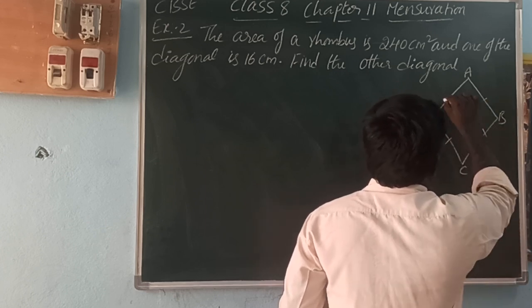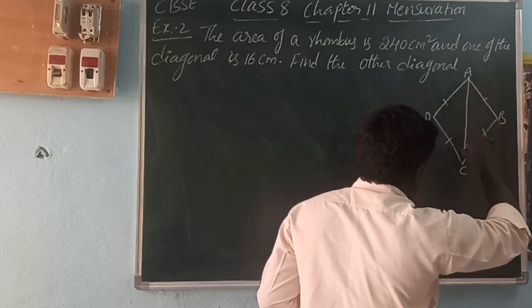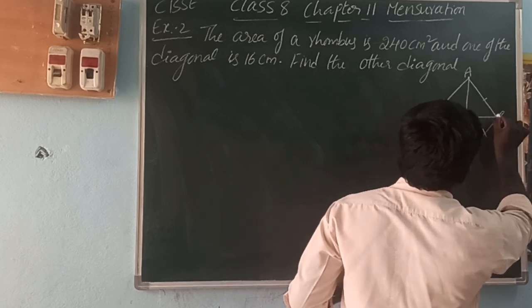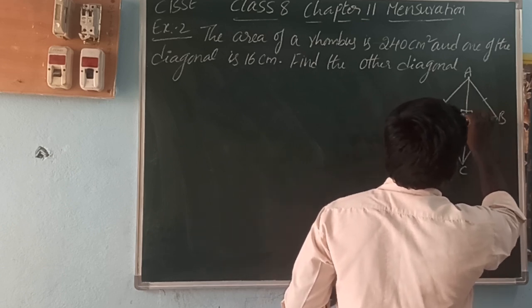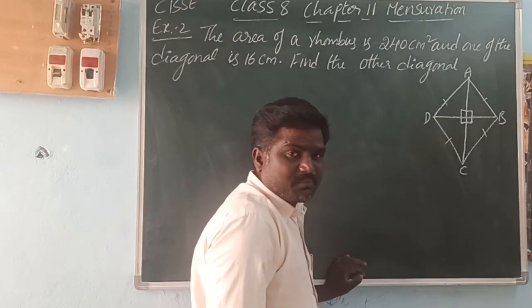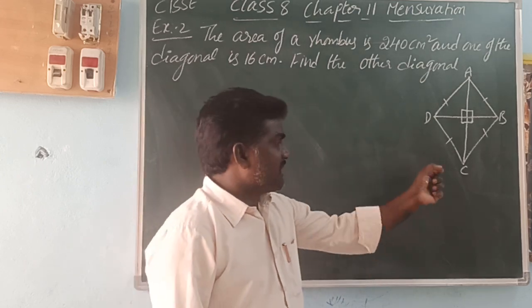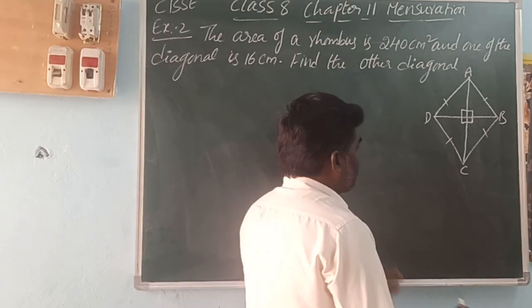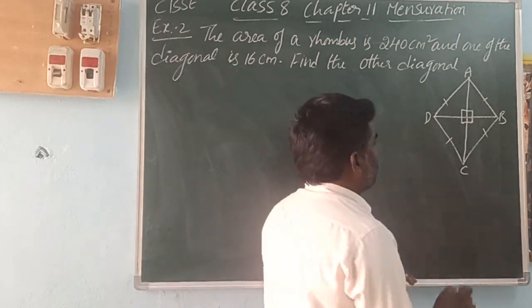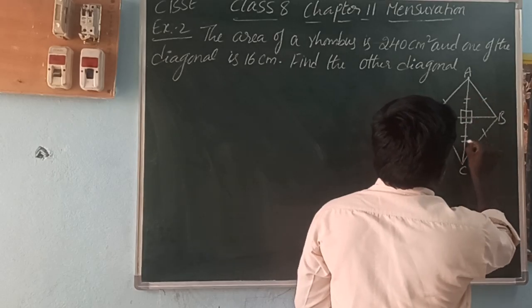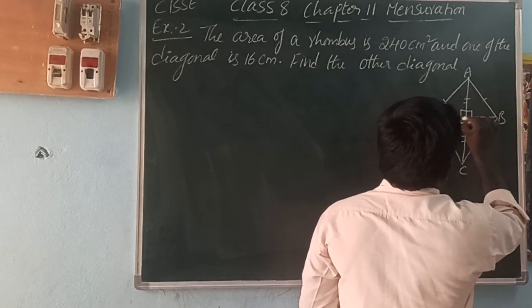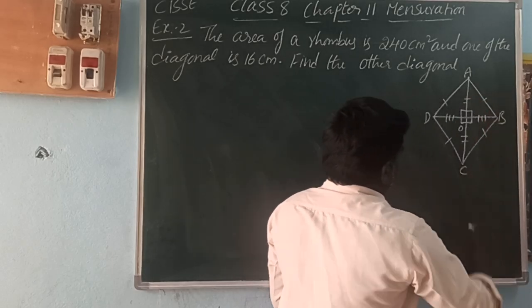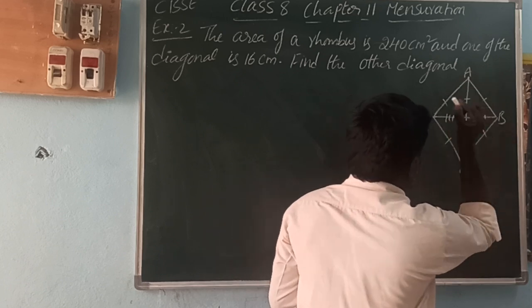Adjacent sides are equal, the diagonals are not equal, but the diagonals perpendicularly bisect each other. Perpendicular means when they meet, the angle is 90 degrees. Bisect means dividing into two equal parts. So these two are equal, and again these two are equal. AC is a diagonal, BD is a diagonal.